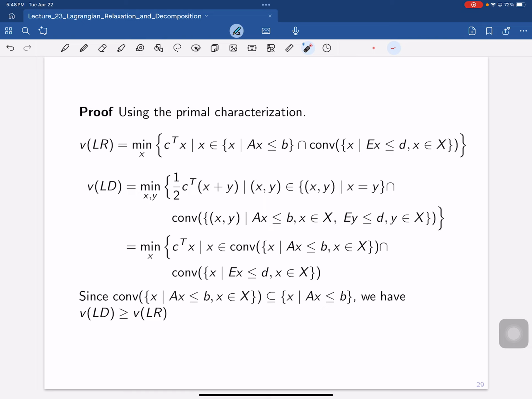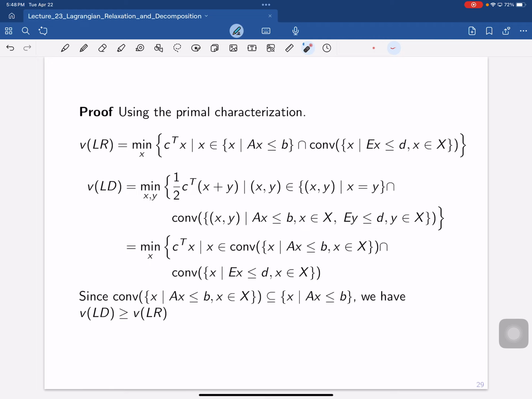And with that, what you will get is the convex hull of Ax ≤ b, x satisfying integrality constraints, intersected with the other convex hull. And then with that you could show you get a tighter relaxation.